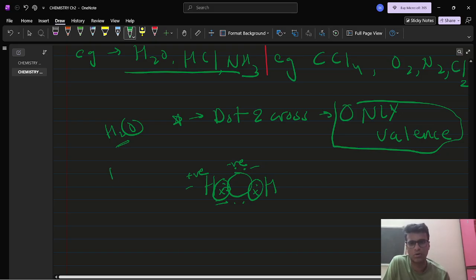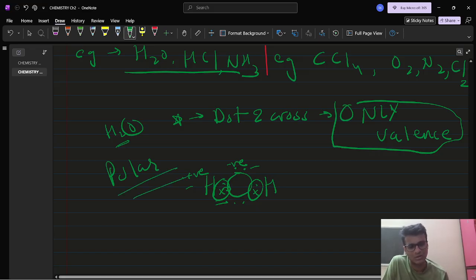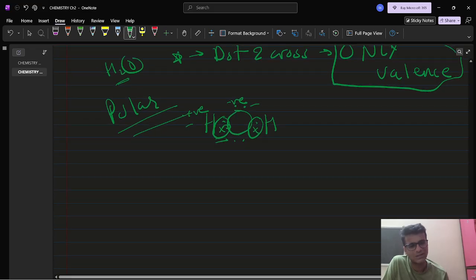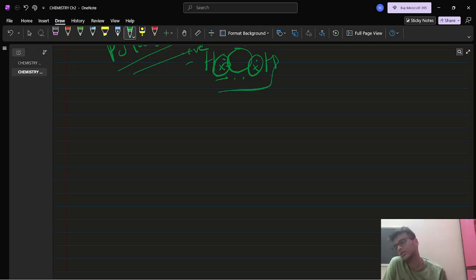Okay, so this is polar. This was polar covalent. I don't go much in the depth of concept. Difference याद रखो, examples याद रखो. Ahead in electrolysis, this will be explained again in depth.